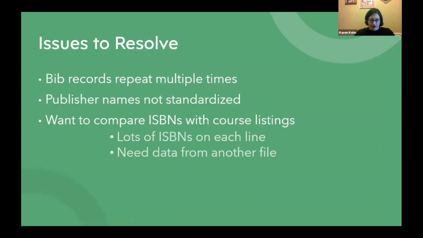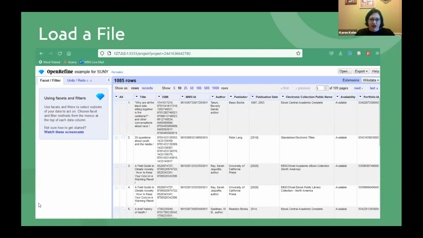So in order to get to that goal, there are a few issues or tasks that need to be done. One is that the Bib records repeat multiple times, and I'm going to back up now. I'm assuming a lot of you use ALMA. Maybe not everyone, but this MMS ID is the bibliographic record ID in ALMA, and these repeat.